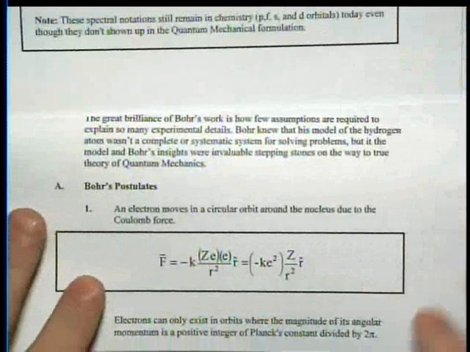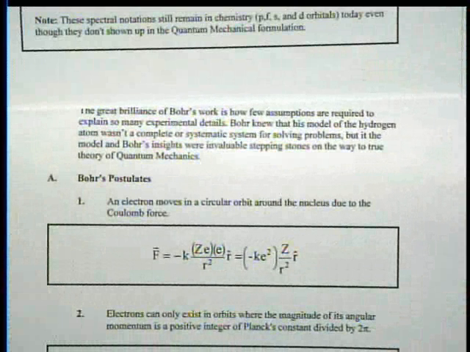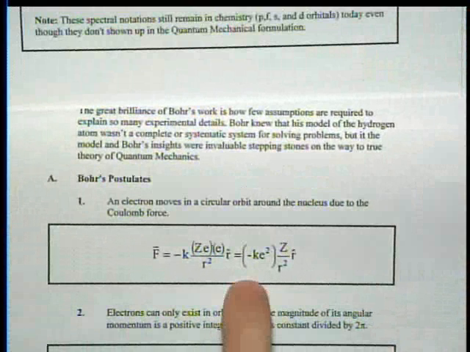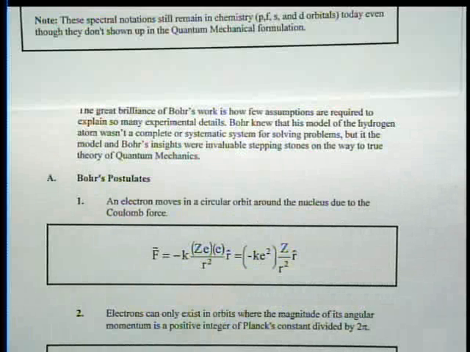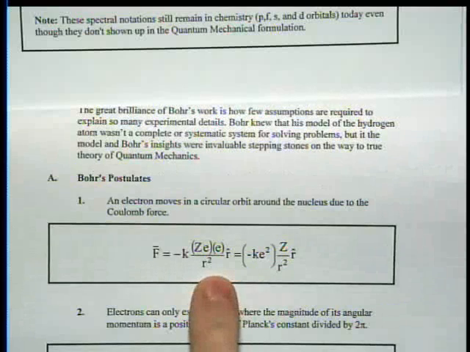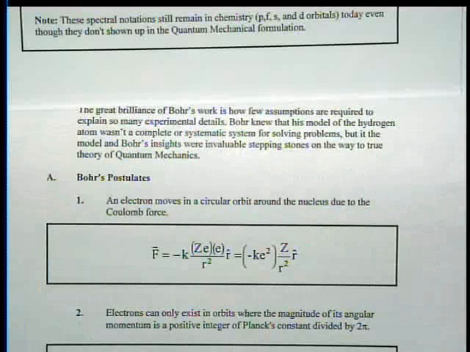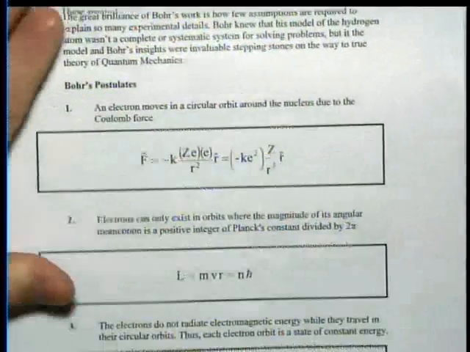The first assumption, the assumption that Rutherford made and which worked for Rutherford scattering, is that I'm going to assume the Coulomb force is involved, and that the nucleus is a point charge. If that worked for the scattering and it explained the nucleus, it makes sense that it should also be true for the electron sitting out there outside the proton in some orbit. So this is not very amazing or surprising. It's the second assumption that's weird.